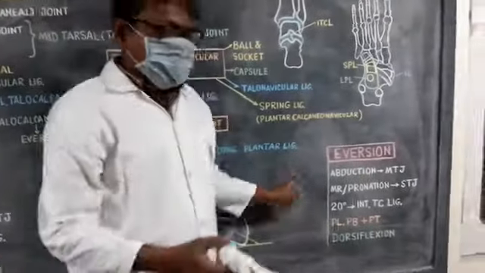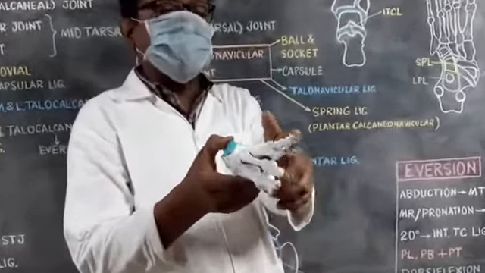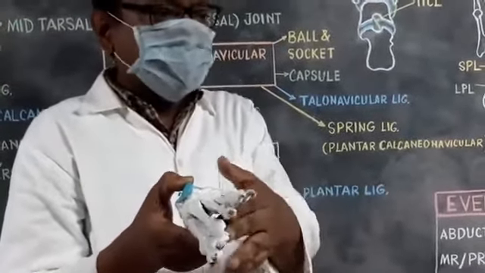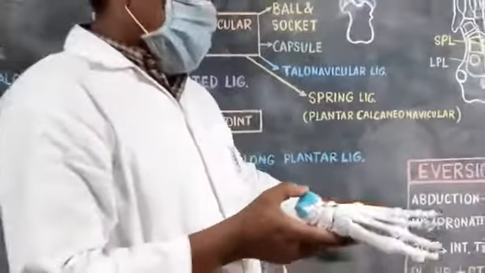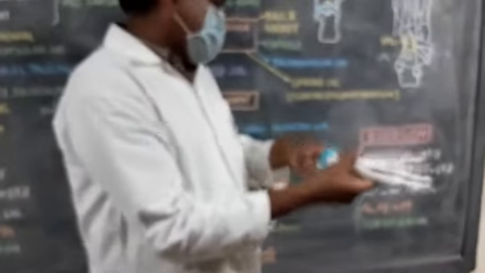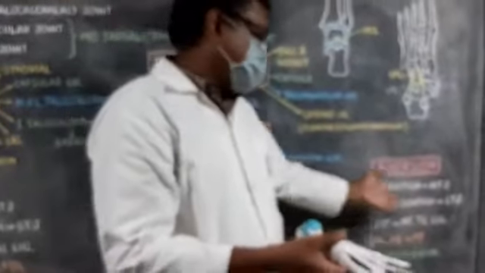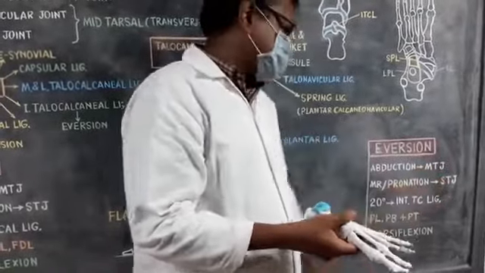Similarly, in eversion, the lateral margin of the foot is raised above the ground. So, plantar aspect of the foot is directed downwards and laterally. The forepart of the foot undergoes abduction at mid-tarsal joint, followed by pronation at subtalar joint.